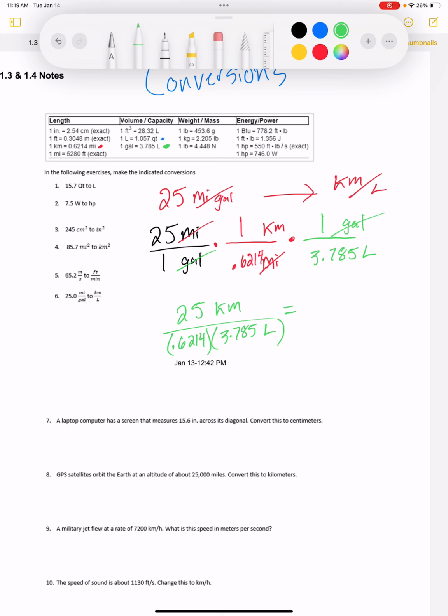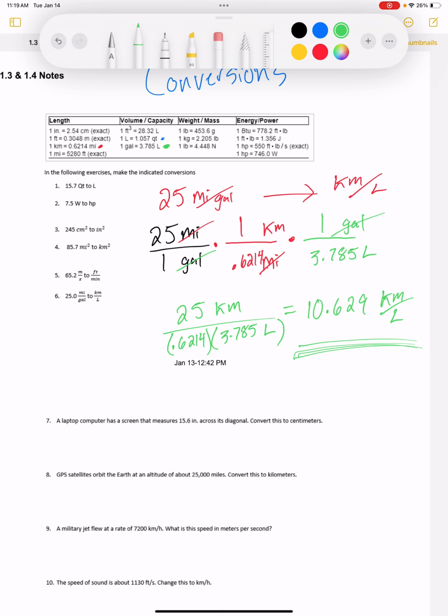So my final answer, I'd say 25 divided by 0.6214 times 3.785, right? And this gives me 10.629. I'm just leaving it at that, and we're talking about kilometers per liter. Bam.